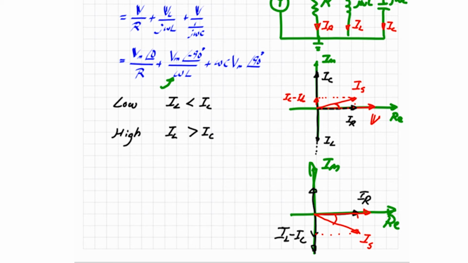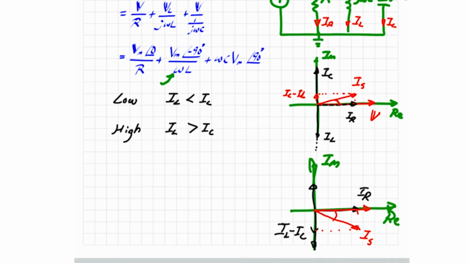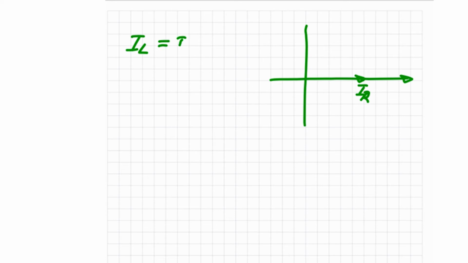Now, there's one special case which is interesting. If we come here and look at the phasor again, IR is right here. Now, what happens if IL equals IC? You can see, what if my IL is right here and my IC here, and they're equal?